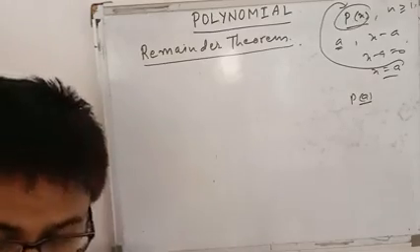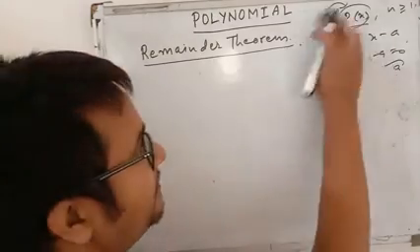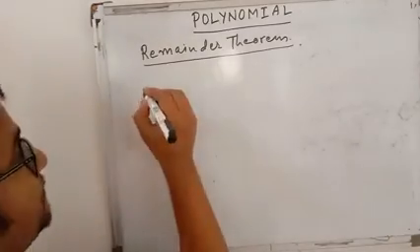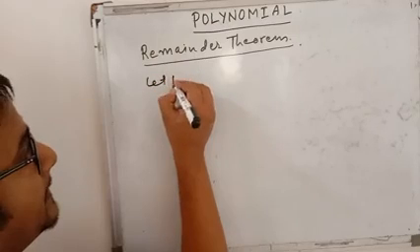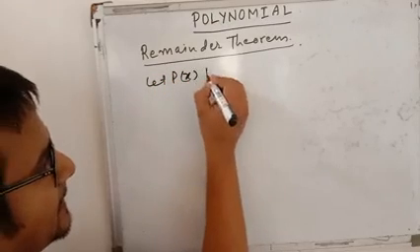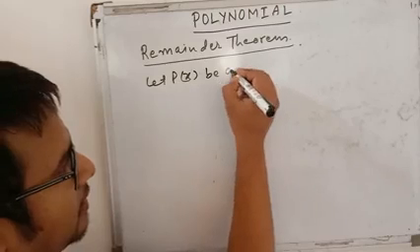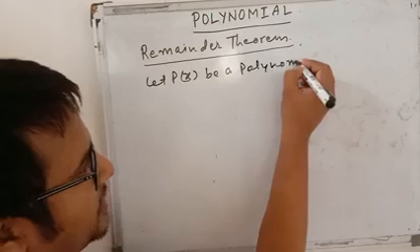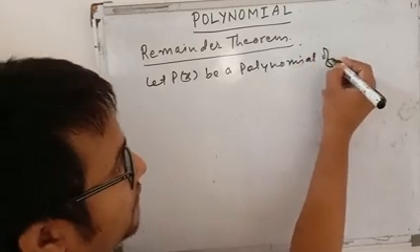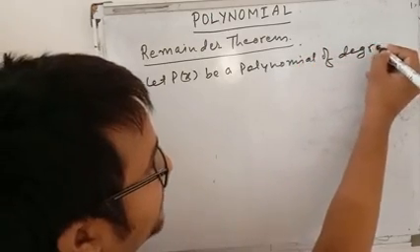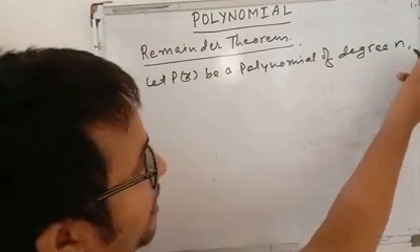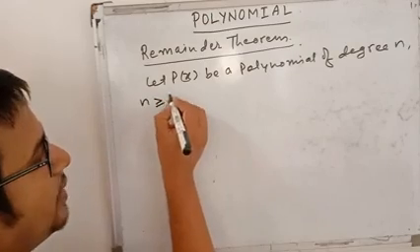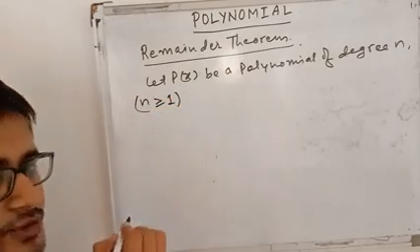Now I will write the statement. Let p of x be a polynomial of degree n, meaning the highest power of the polynomial is n, and n is greater than or equal to 1.